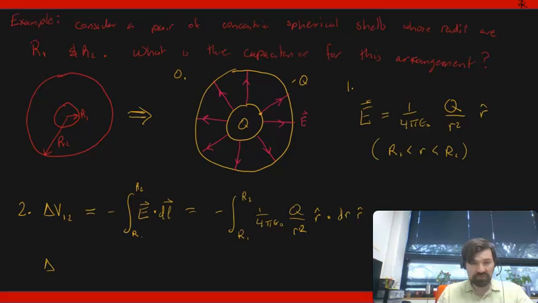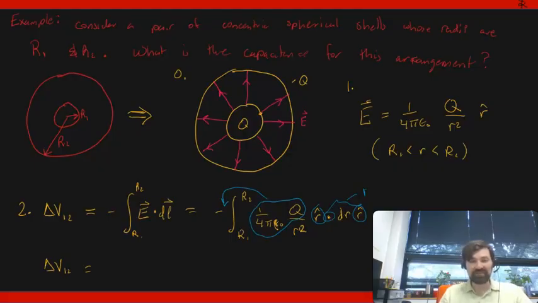And so my total integral, delta V12, if I pull all the constants out, these guys basically all are constants and can get pulled out. The r hat dotted with the r hat collectively is just 1. And so what I really have is an integral of 1 over r squared dr. And so that should be just negative 1 over r. The whole thing is negative, so that ends up giving me basically a positive.